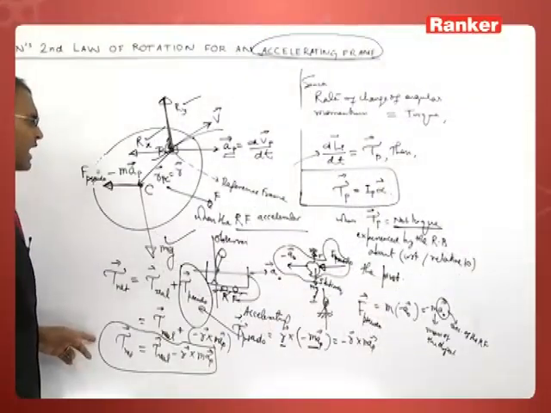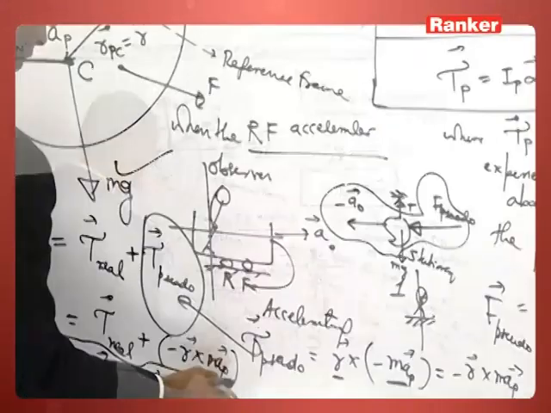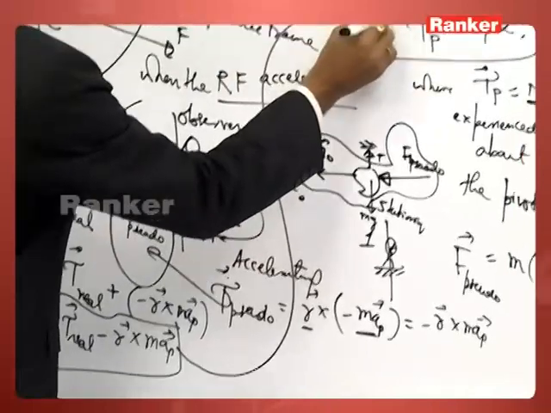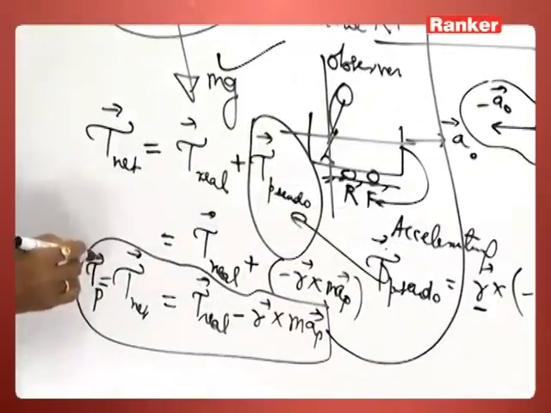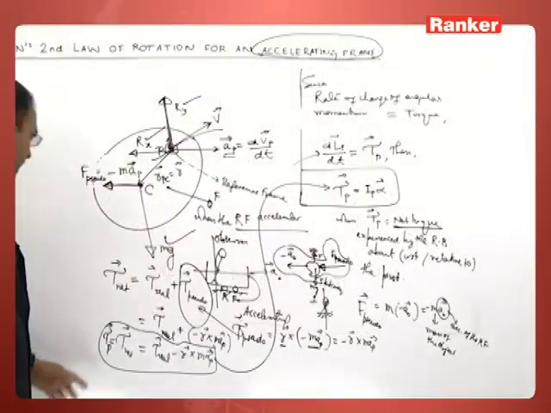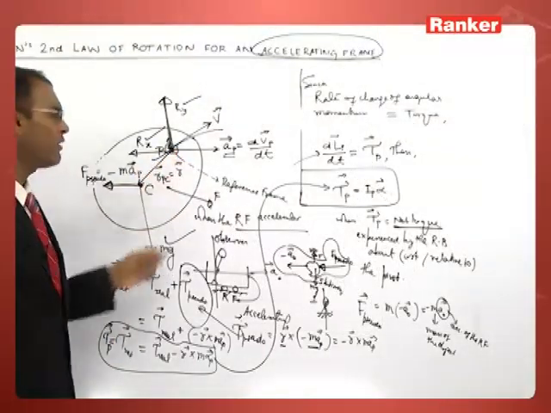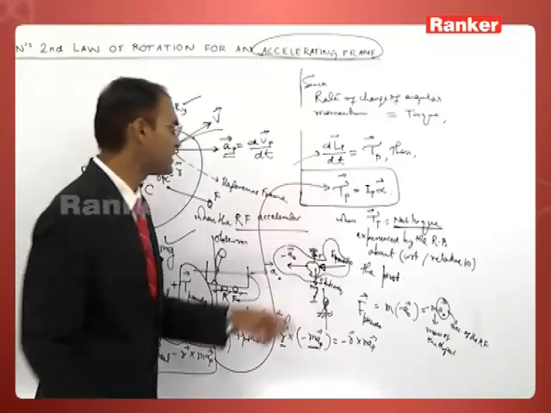After calculating the net torque, you can use this net torque as the net torque about this point P. You can write tau P. The tau P is the net torque.